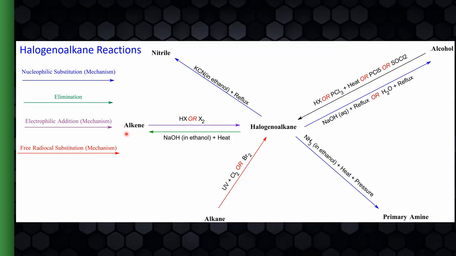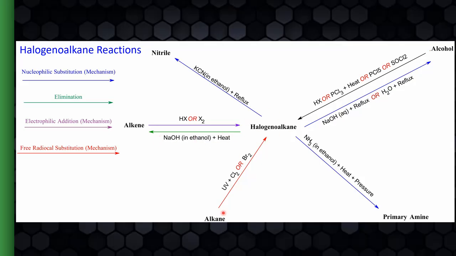We learned that alkenes can become halogenoalkanes by the addition reaction of the alkene with either a hydrogen halide or a halogen diatomic molecule. We learned that in chapter 15. We also learned that that reaction can be reversed and the halogenoalkane can be turned into an alkene by an elimination reaction, where sodium hydroxide in ethanol and heat are reacted with the halogenoalkane.